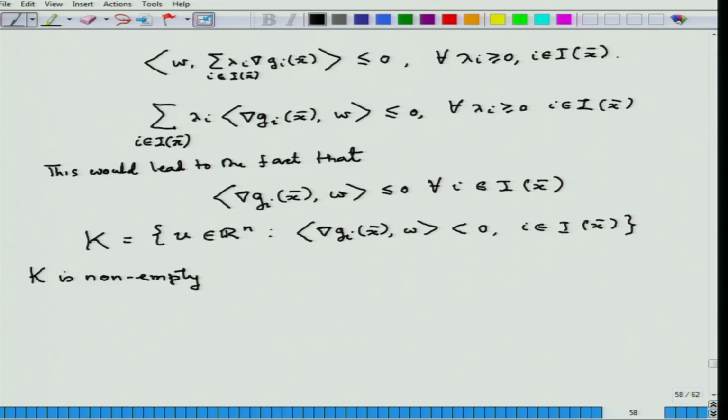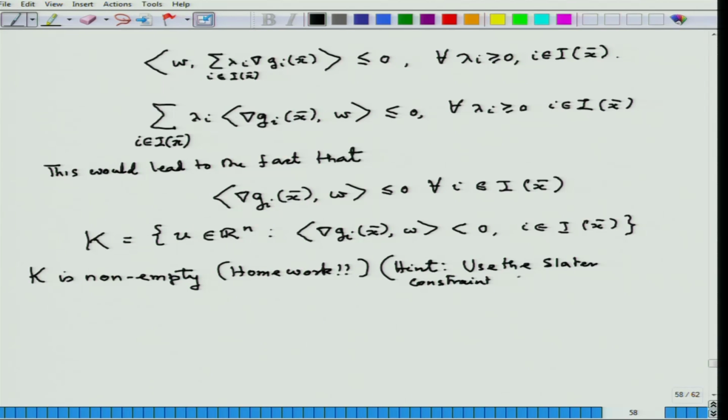This will be your homework, to show that K is non-empty. And the hint for doing this homework is: please use the Slater condition. The Slater constraint qualification is the required guideline to do this.